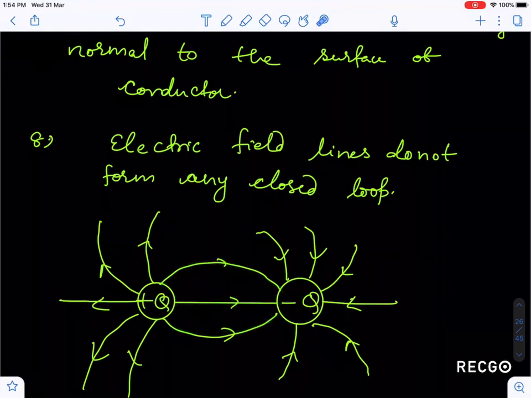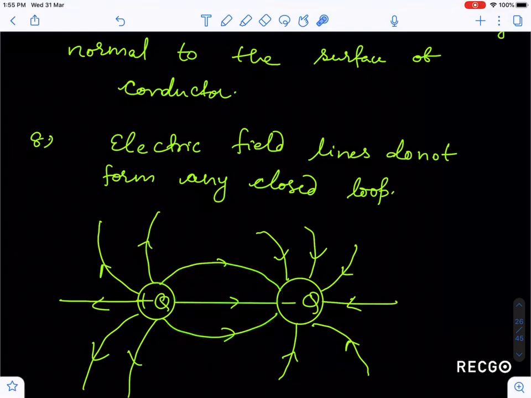So for positive charges, field lines are outgoing, and for negative charges, field lines are incoming. They cannot intersect each other, so this will terminate here, this here, and this here.